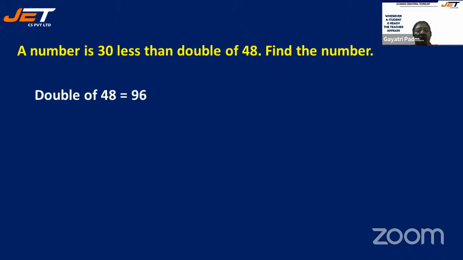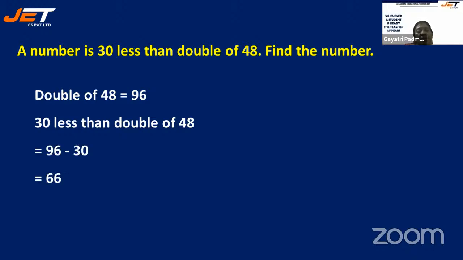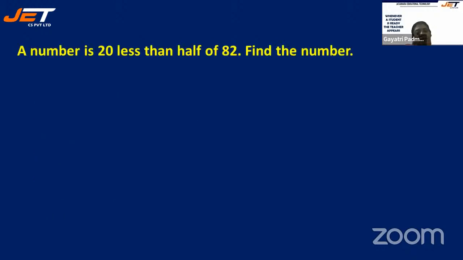So double of 48 is 48 plus 48, which is 96. So 30 less than 96 will be 96 minus 30, whereby we are getting 66 as the answer. All right. So the number is 66.